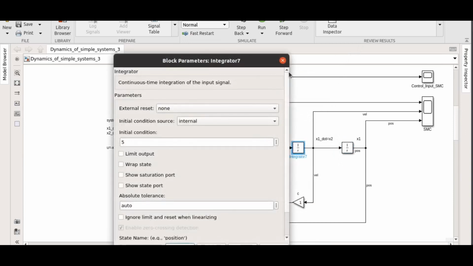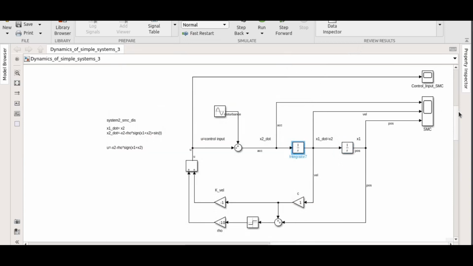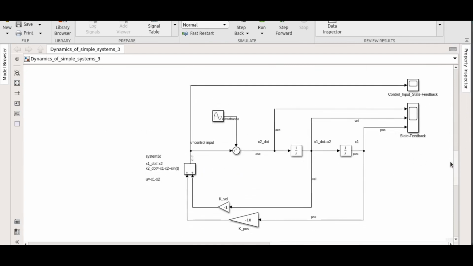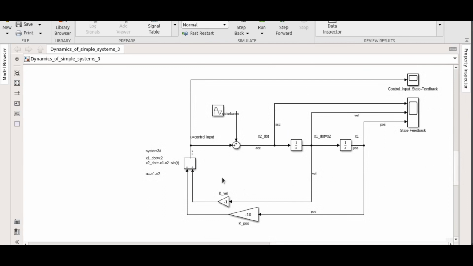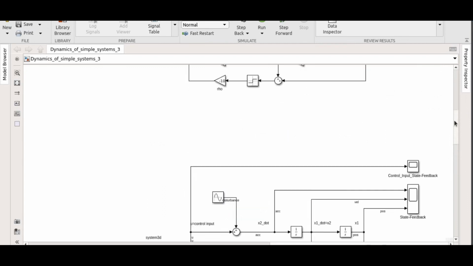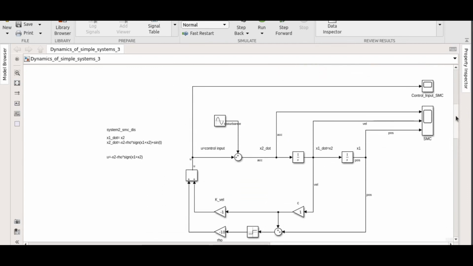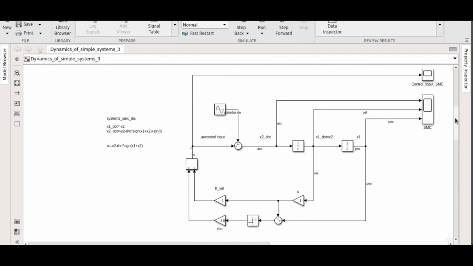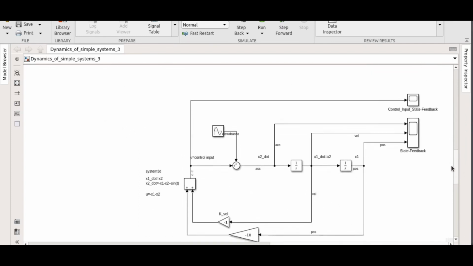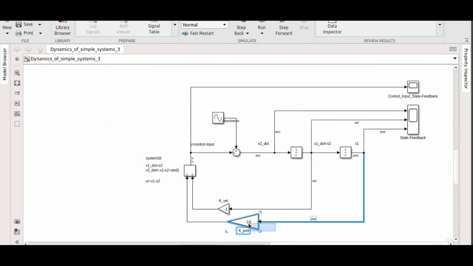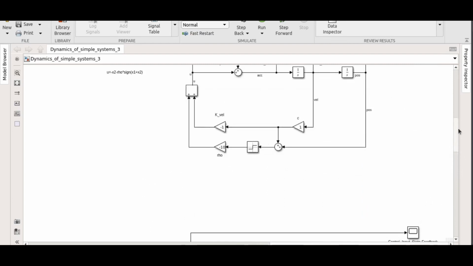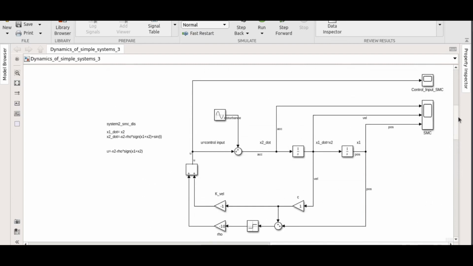The feedback parameters in both the cases are the same. In case of sliding mode control, the K velocity is minus 1. In case of state feedback control, the K velocity is also minus 1. In case of sliding mode control, the rho is kept at minus 10. In case of state feedback control, K position is kept at minus 10. Let us compare the plots for both of these.